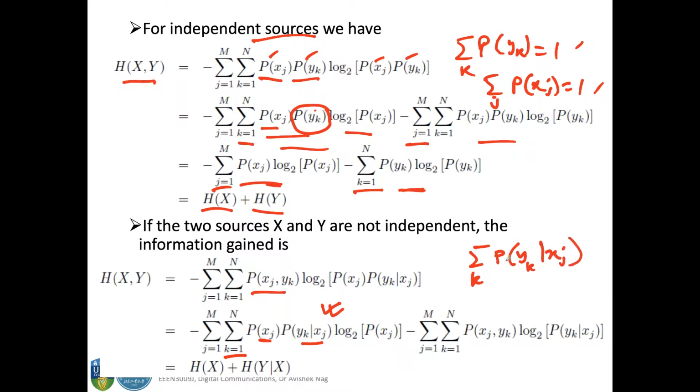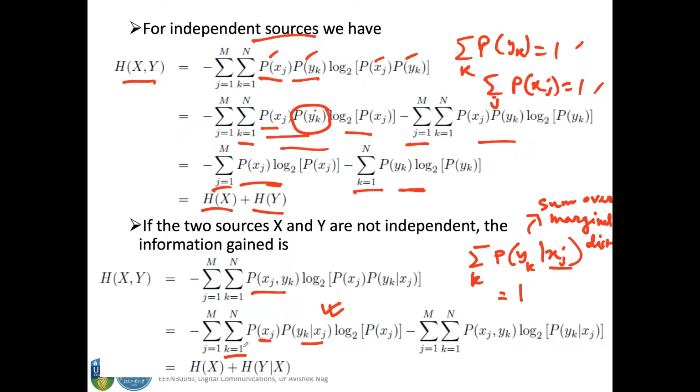Okay, so the sum over all k of these y_k given a particular x_j is also 1, because this is summing over the marginal distribution of y given x_j.